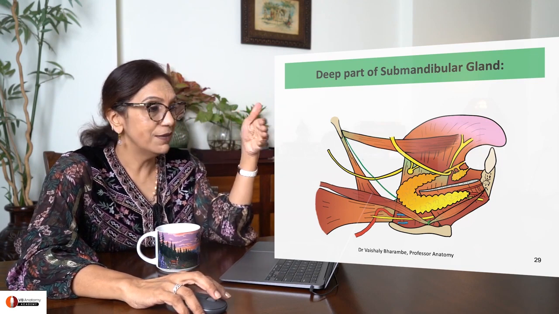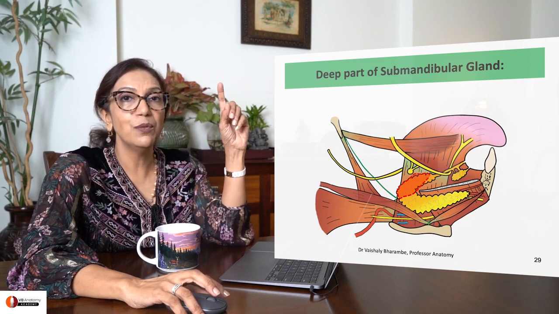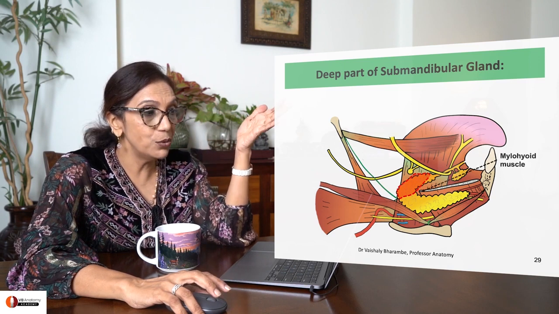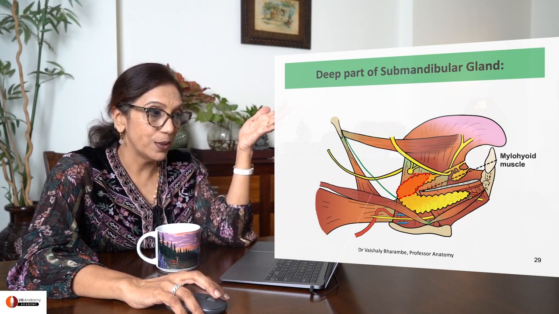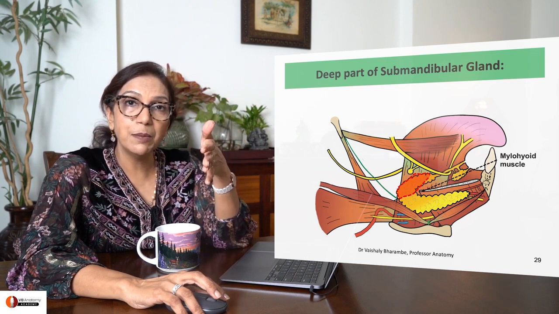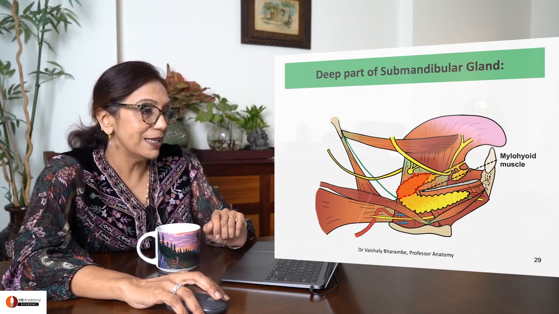Superficial is done. We now come to the deep. This is your deep part. Okay. So now tell me how would you describe the deep part? Above bound by lingual nerve, below bound by hypoglossal nerve, laterally bound by mylohyoid, medially bound by hypoglossus. Let's see.